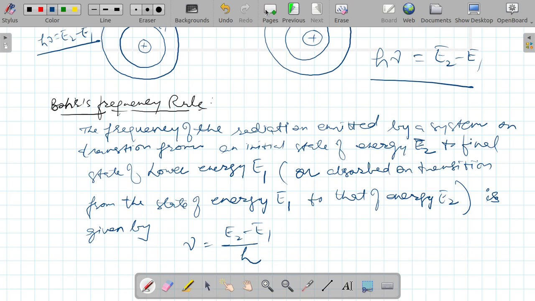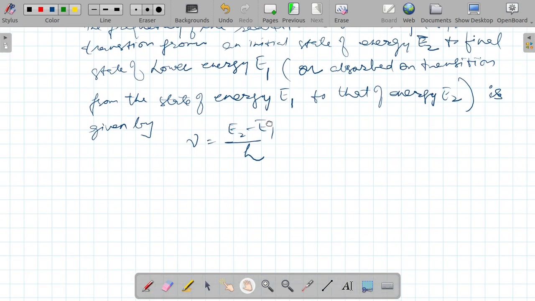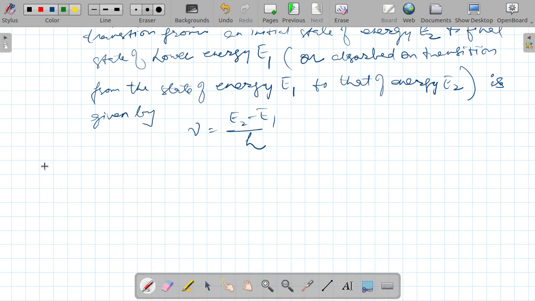That was the second postulate. Let me talk about the third postulate: stationary orbits.